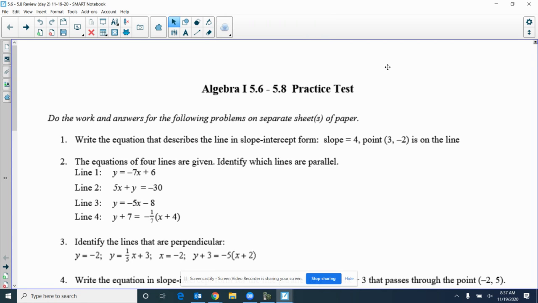All right, I want to check some of your homeworks here. Mr. Schler's going to go over this first 9, see where you're at. We're getting minus 2?